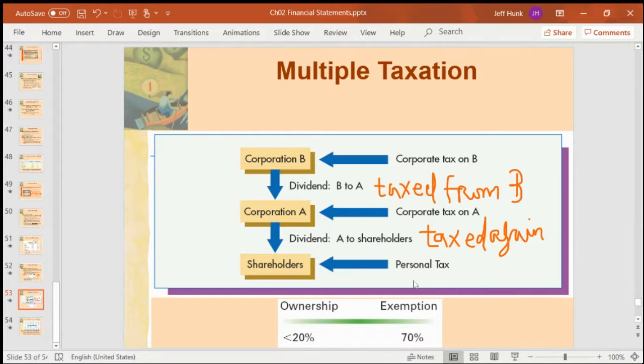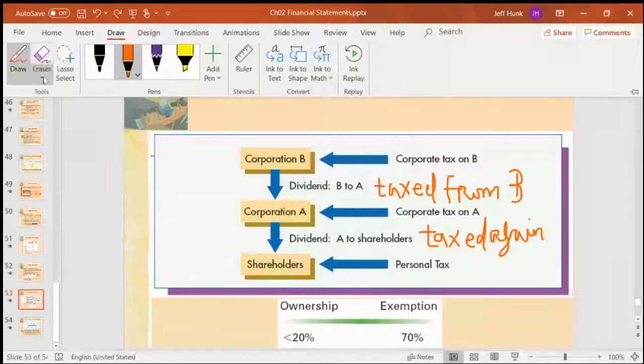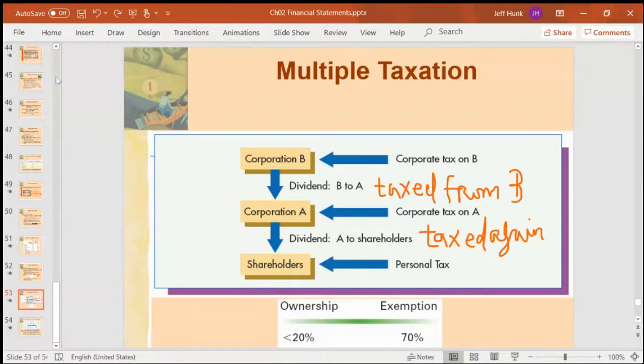So then when the shareholders get the dividend, they are taxed again. Now you see why it's called multiple taxation.